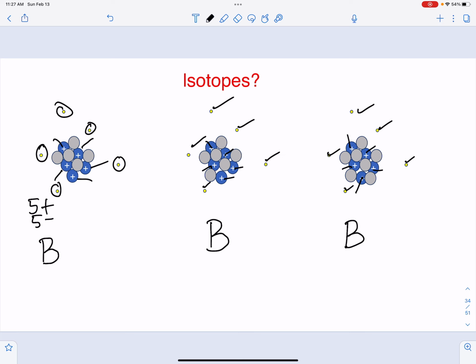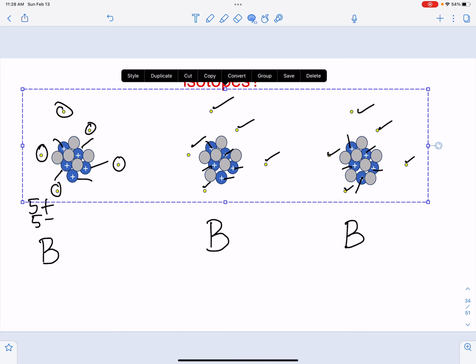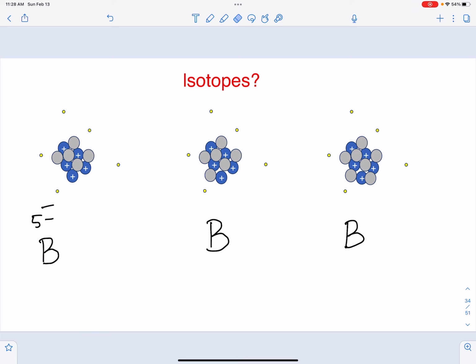So are they different? Let's see. I counted the protons, I counted the electrons. Now let's count everything else. So let's clear the screen. The only thing we have left to count is the neutrons. So this one has 5 protons, 5 protons, and 5 protons.